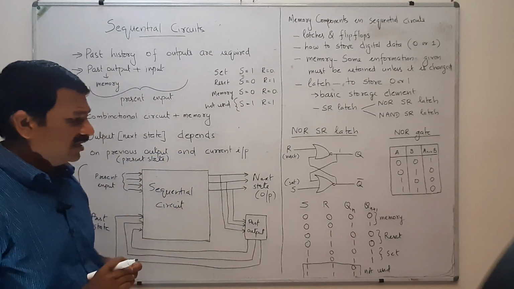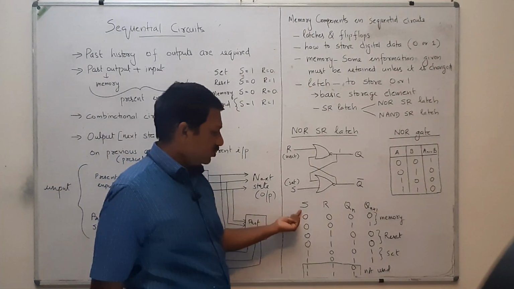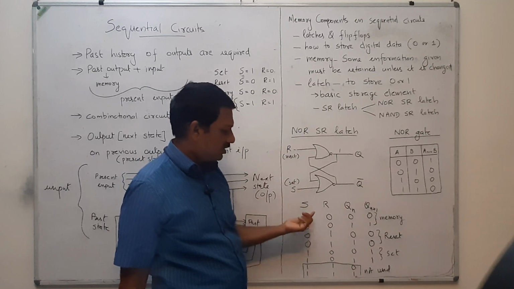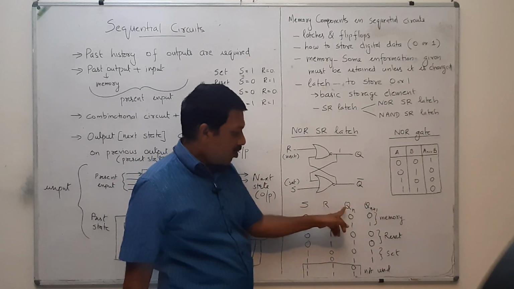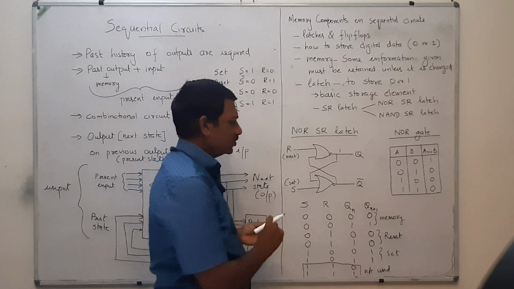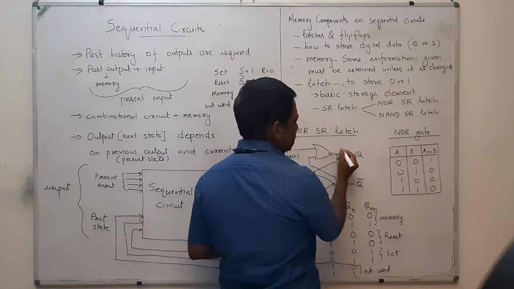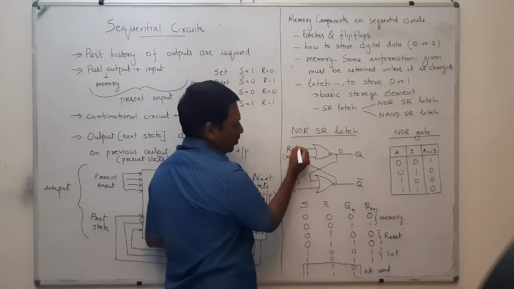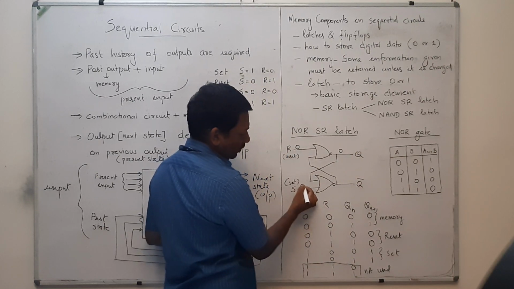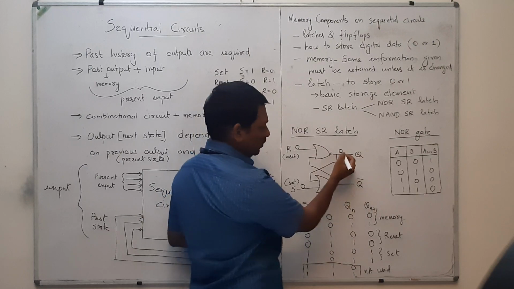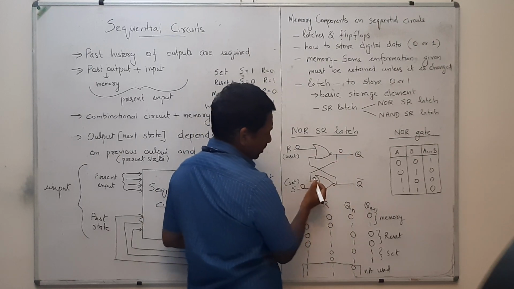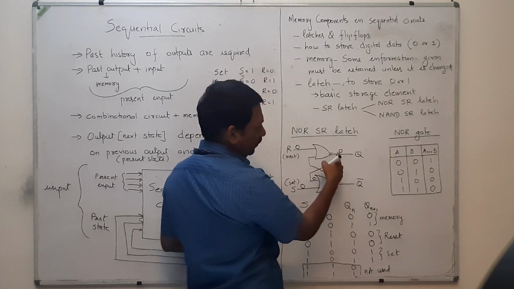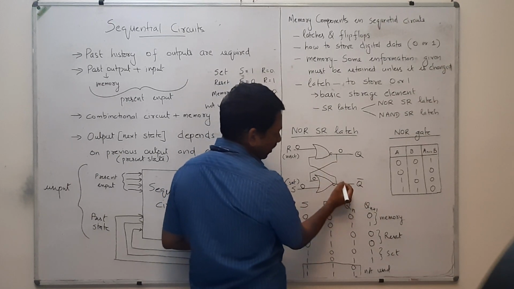Suppose S equal to 0 and R equal to 0, and suppose the current output is 0. What will happen? If Q is 0, Q bar will be 1.